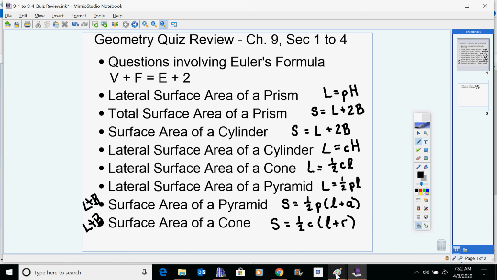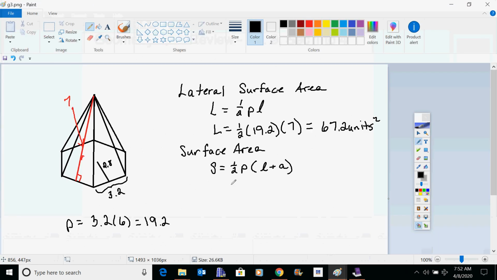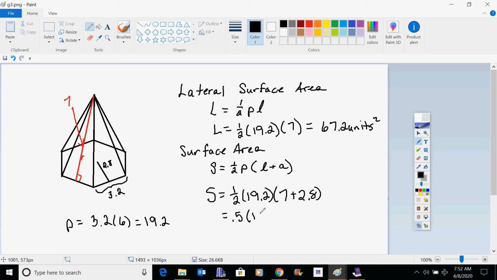So I'm going to take a look at that formula with you. So our surface area, we still need to know the perimeter, 19.2, but we have our slant height plus our apothem. So it would take a little bit more finagling here, but not too bad.